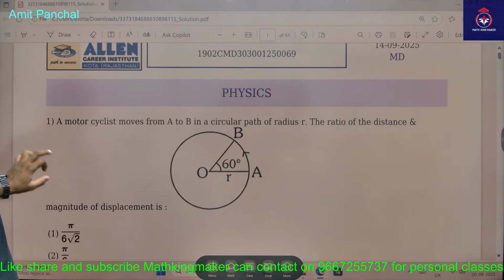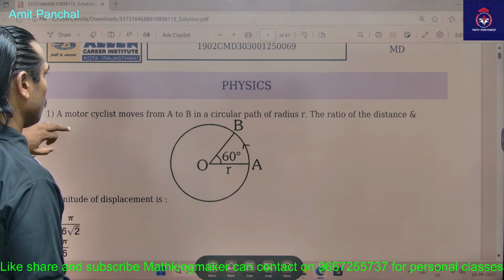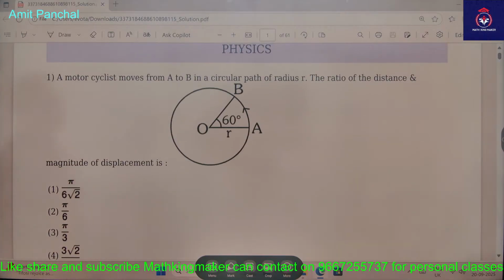Is it visible? Yes. Okay. So a motorcyclist moves from A to B in a circular path of radius r. The ratio of the distance and magnitude of displacement. So from A to B, how much is the distance?